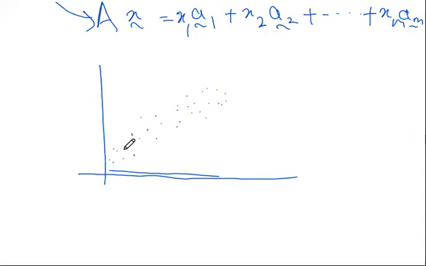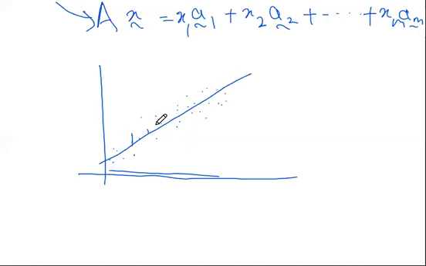So when you find that, let's say you are going to find a baseline or linear line that represents this data set, right? This line does not pass through all points.